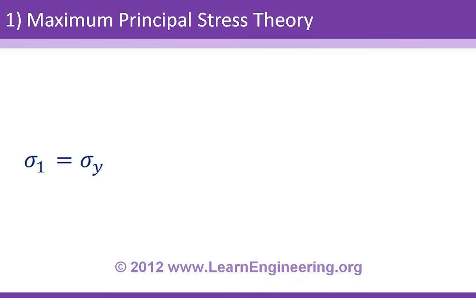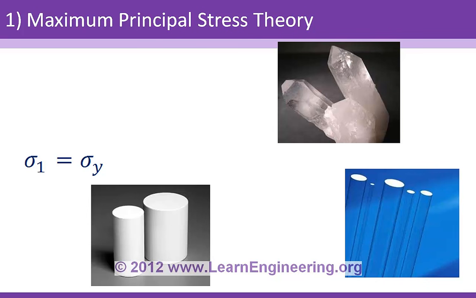Just compare these, and this is the condition under which, according to this theory, my material will fail. Experience has proved that this theory is good for brittle materials like glass, crystal or ceramics, but not for ductile material. If you are working with ductile material, please avoid this.